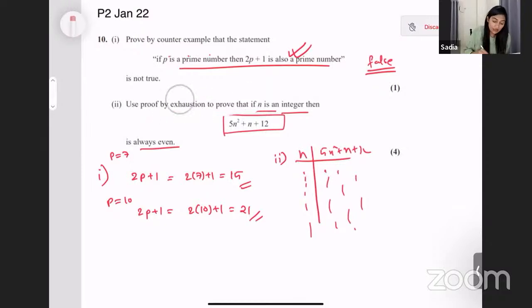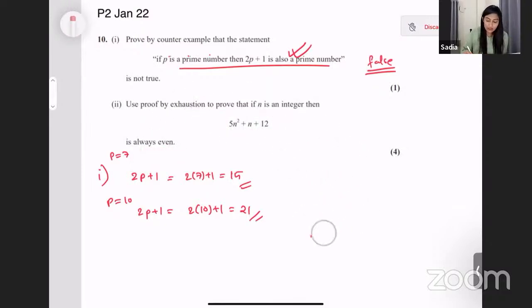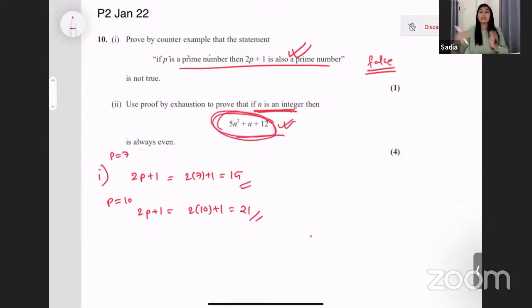But since they didn't mention any specific value, and we have to prove it for all integer values of n, we are talking about a generalized situation. You cannot just use 2 or 3 numerical values and say, if they satisfy this equation, all the other values will also satisfy. That's not how it works.